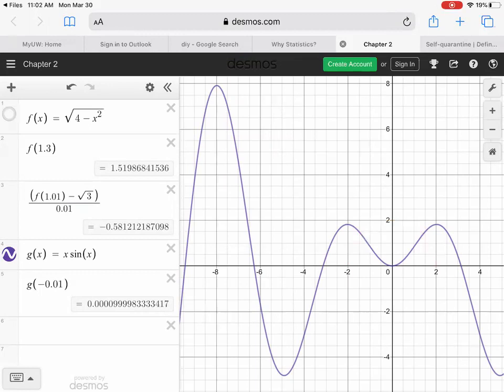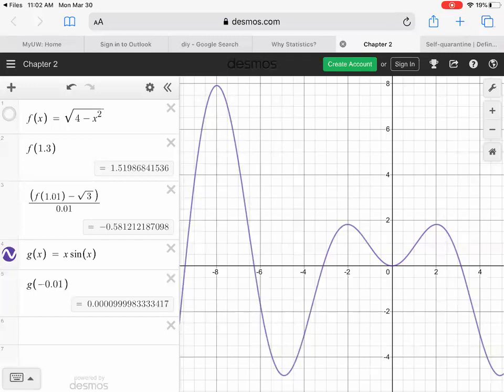This purple graph right here is the graph of the function x times sine of x. And you see that as x goes to 0 from the left, the function values go to 0 from the left. And as x goes to 0 from the right, the function values go to 0 from the right.